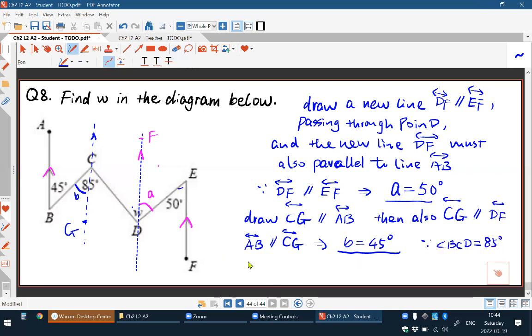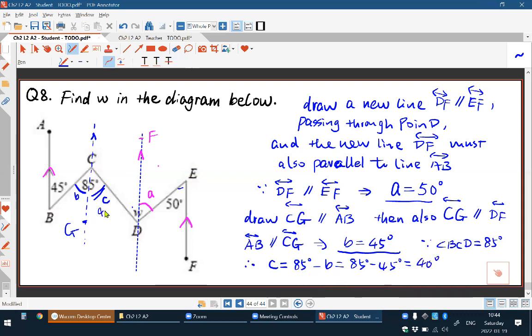Therefore, let's call this angle C here. What is angle C? Angle C is 85 degrees minus B. What is B? 45. So angle C must be 40 degrees, right?